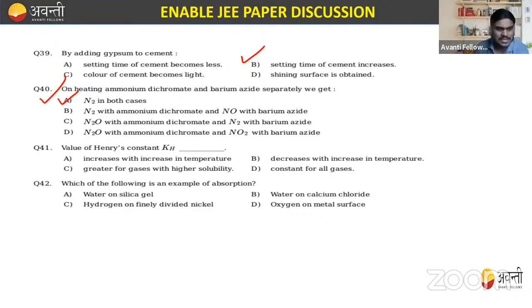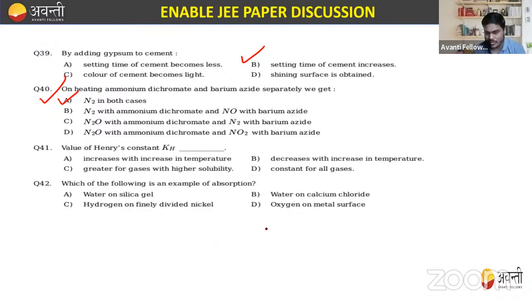Next question, question number 41. The value of Henry constant Kh increases with increase in temperature, decreases with increase in temperature, is greater for gases with a higher solubility, or is constant for all gases. So what is the correct answer, beta?